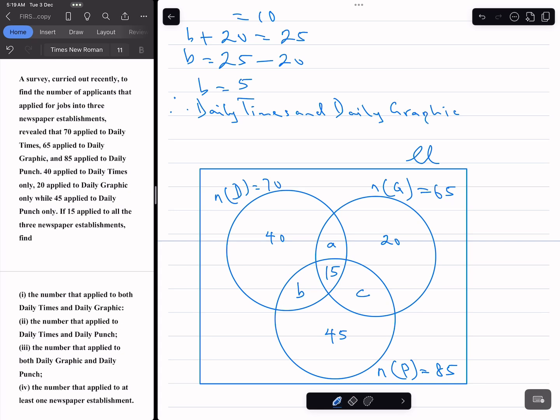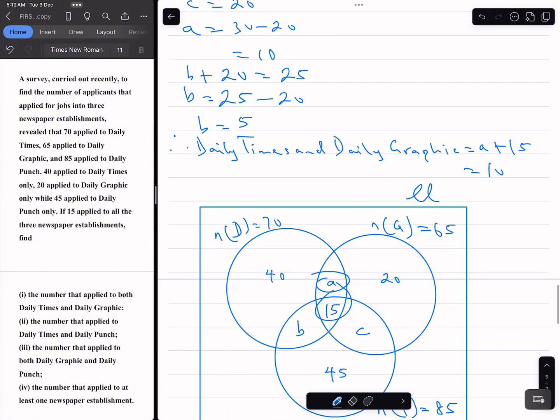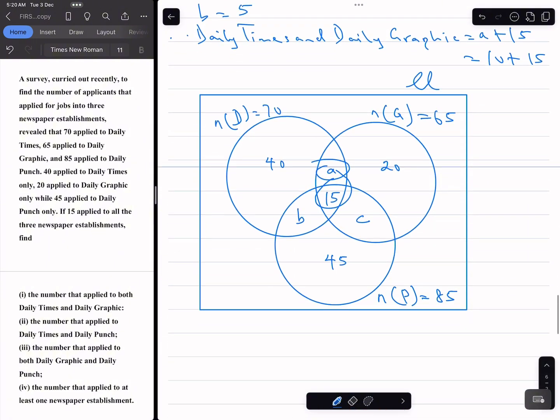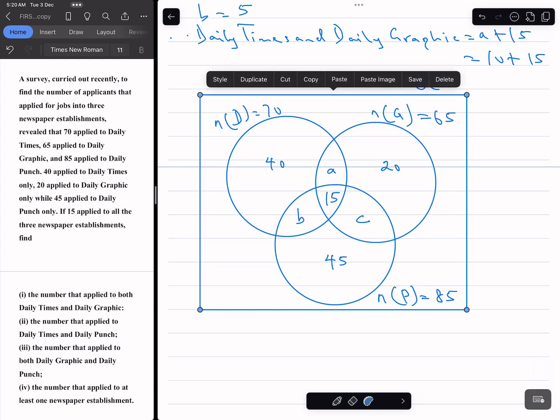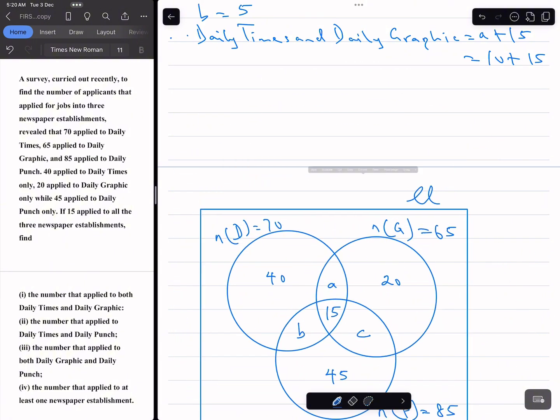Daily Times and Daily Graphic is equal to A plus 15, which is, what is A? A is 10. That's 10 plus 15, and that's 25. That means 25 applicants applied to Daily Times and Daily Graphic.